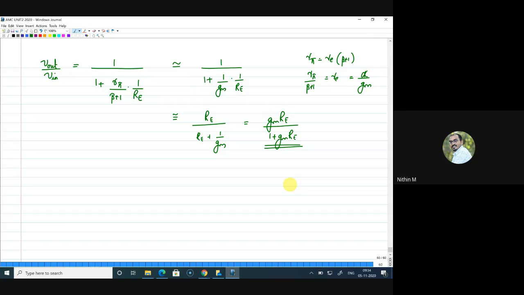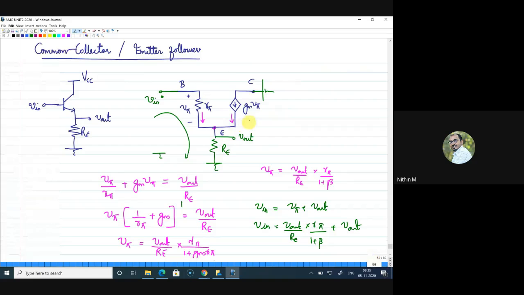If you have doubts, you can ask. Otherwise, we'll move on. Now I'll request you to find the input impedance of the common collector stage. While evaluating input impedance, you can definitely make a comparison here. In case of common drain, it is GM RS by 1 plus GM RS. And one more thing, if you are including R naught, R naught will be an element between collector and emitter, so it will be in parallel to RE.